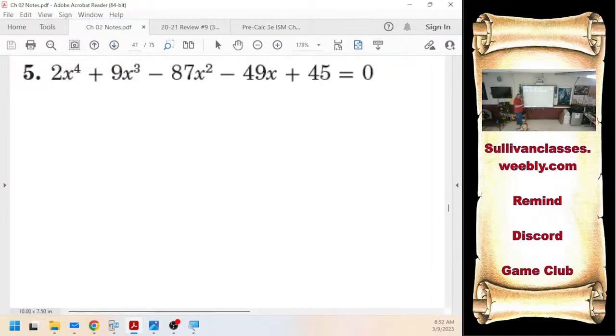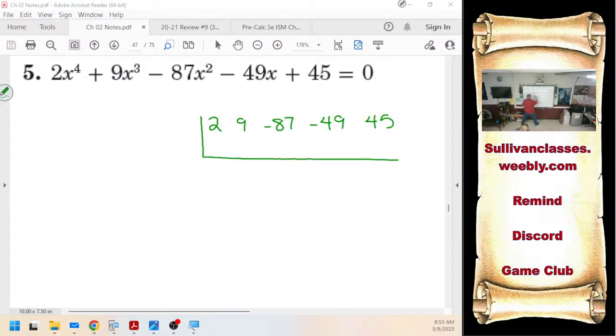So let's start with, so we actually know what the answer is. Dump that into your calculator. 2, 9, negative 87, negative 49, 45. And say, I feel really lucky about what?